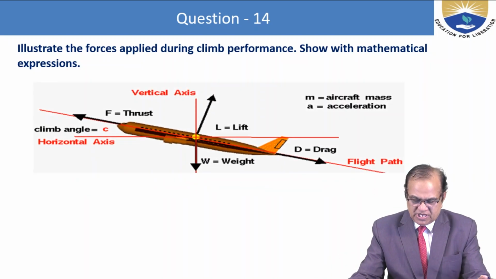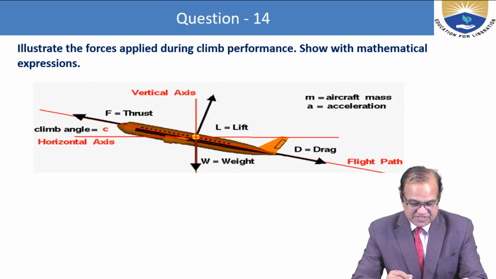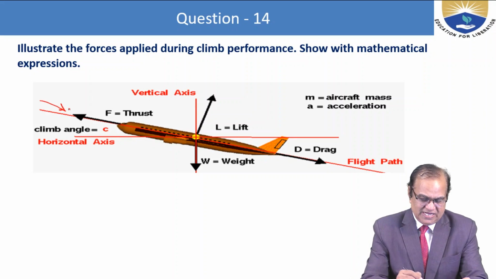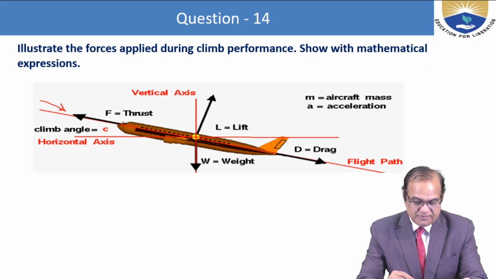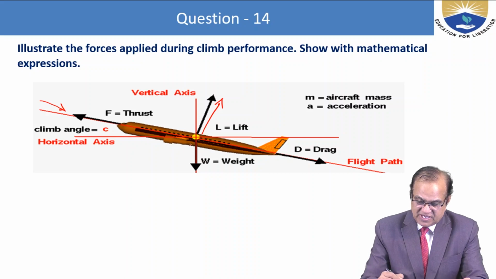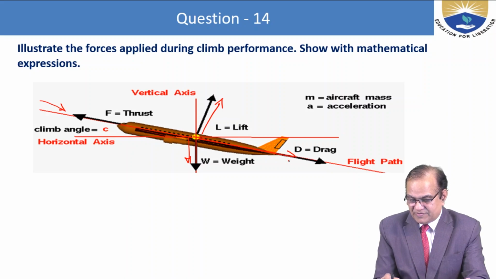So here we can see the forces for the climb. Here the aircraft is climbing with the climb angle C. This is the horizontal. This is the thrust line in this direction. Lift will be perpendicular and this is the lift line. This is the weight line in this direction, and here drag will be in the same line as the aircraft is moving.